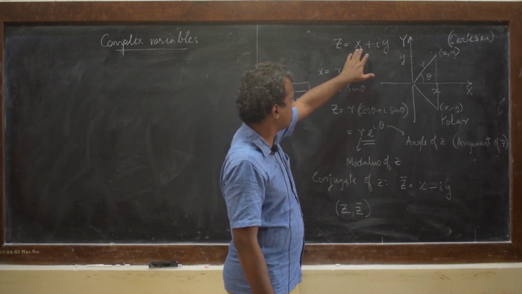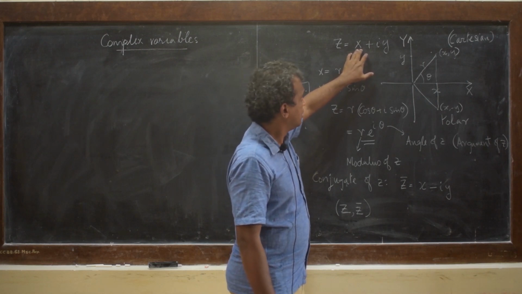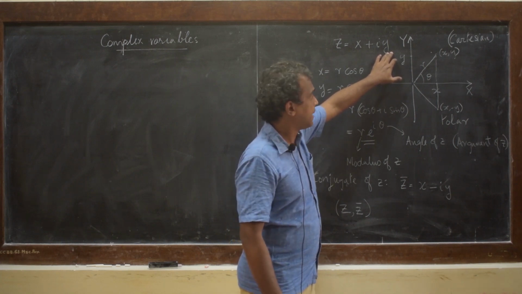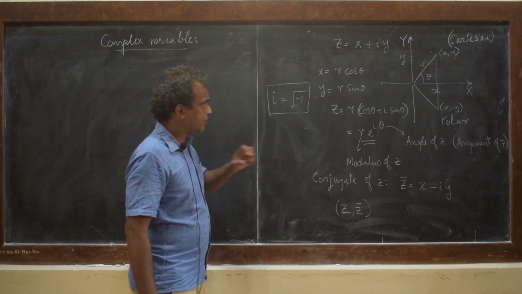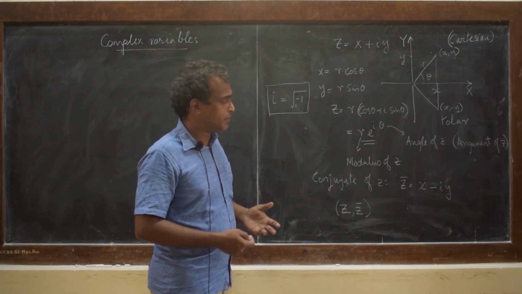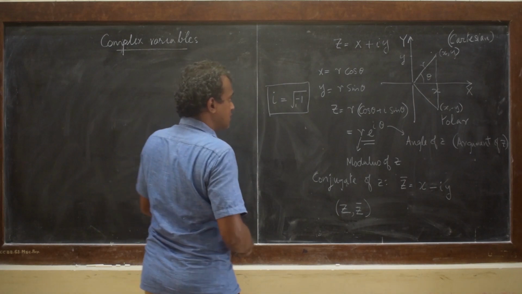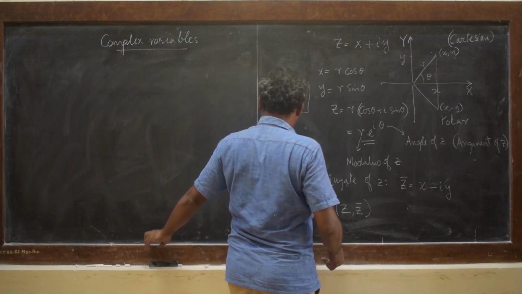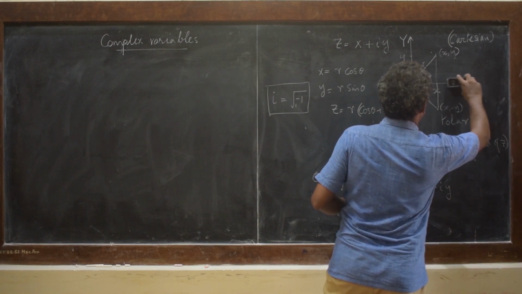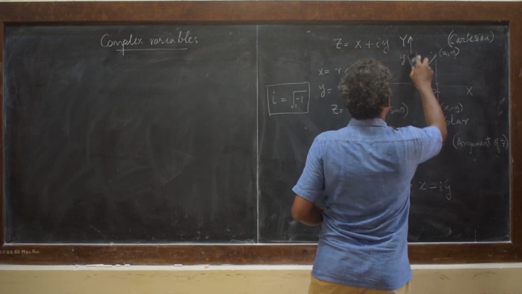If I simply give you the real part of a complex number, the imaginary part is not automatically found. That has to be given separately. However, with z and z bar, it might look as if they are not independent, but this is not true, as can be seen readily if I erase the x axis and y axis.